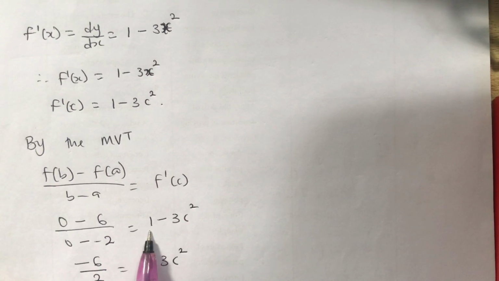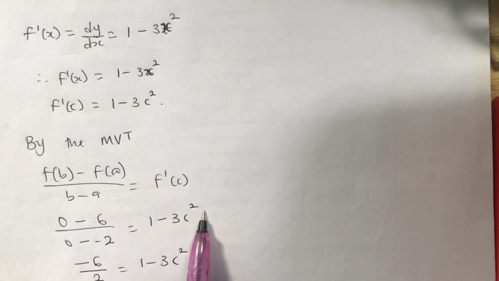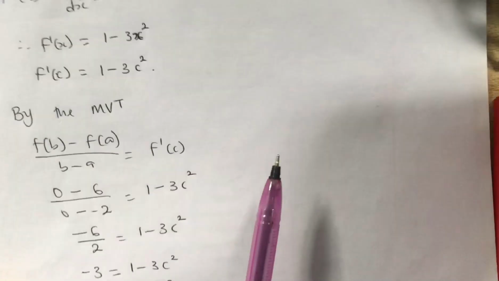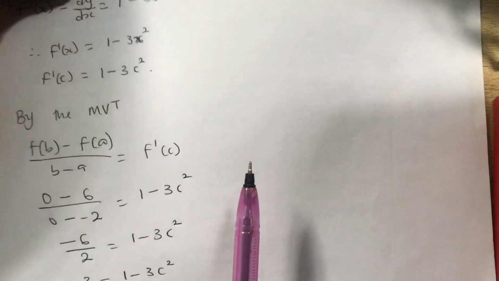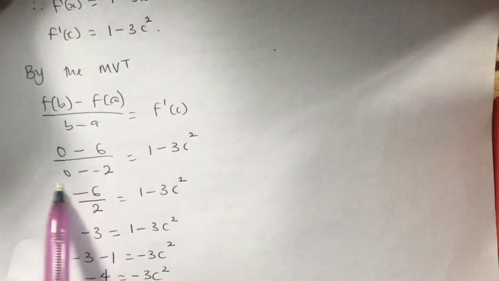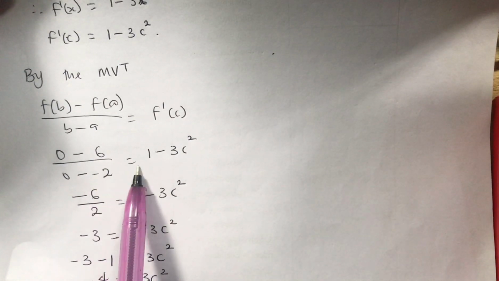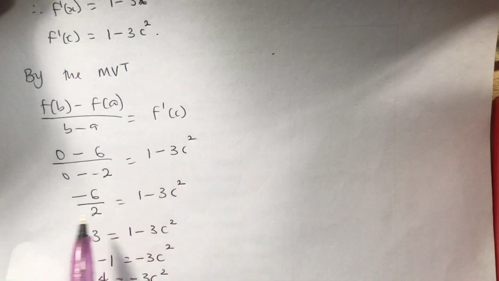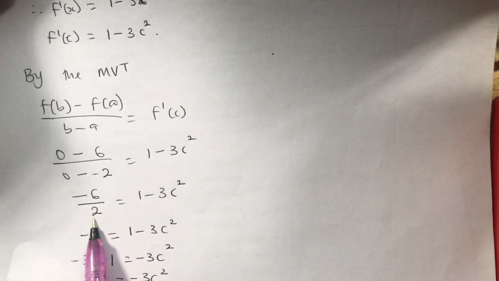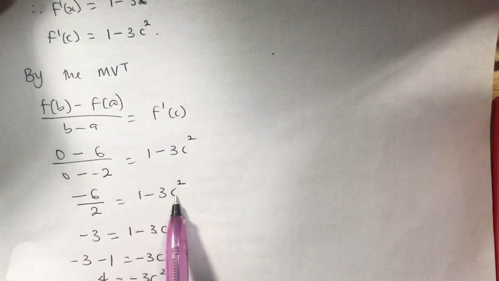Now evaluating this, 0 minus 6 over 0 minus -2 equals 1 minus 3c squared, and this is -6 over 2, which equals 1 minus 3c squared.